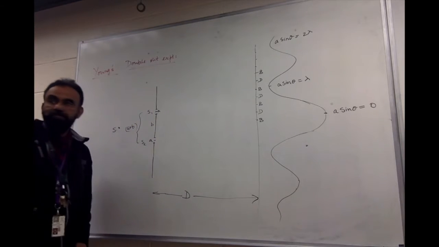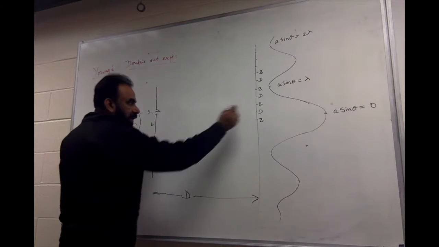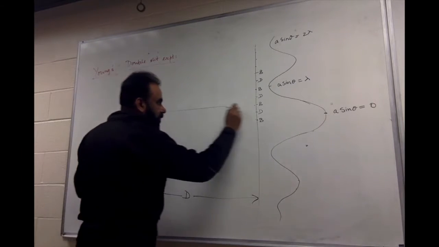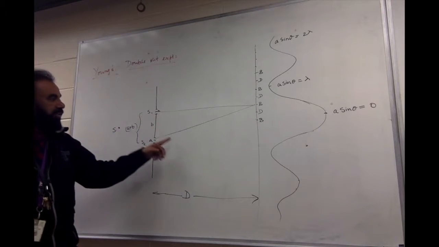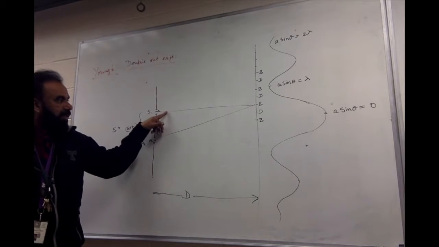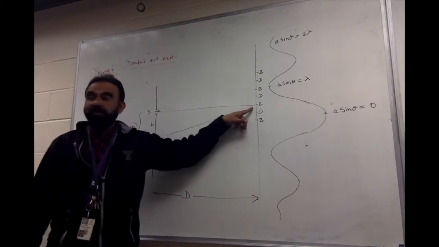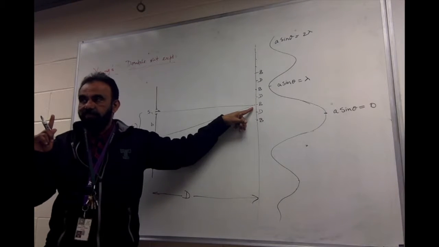Make sense? So when light goes from here and hits here like this, what should be the path difference between these two? Obviously this is traveling extra path. What should be the path difference between these two in order to make it bright again? 1 lambda, right?